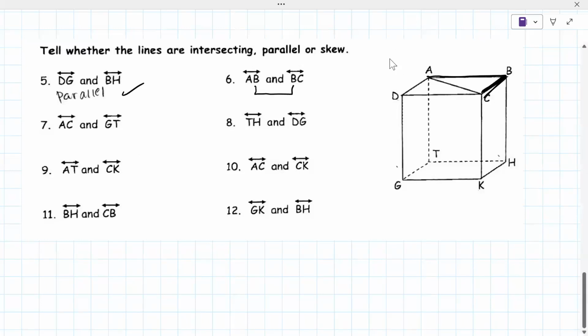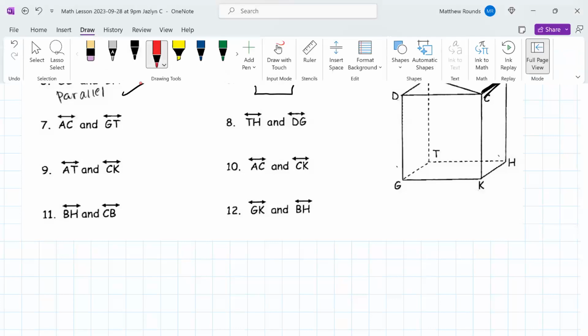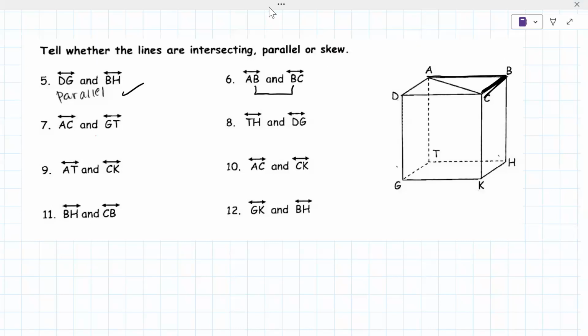Yes. They hit in the corner there at B, and they share the letter B. So yes, these are intersecting.